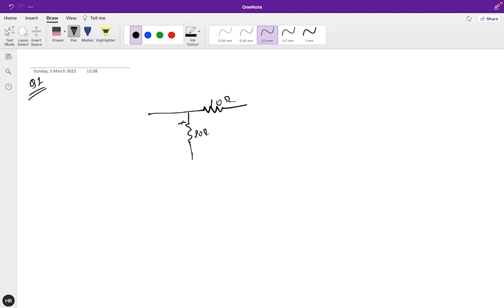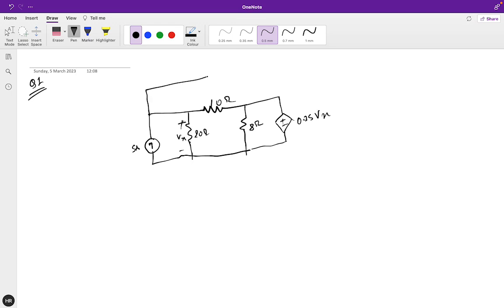Plus minus v of x is given, and 5 ampere current, and this is 8 ohm, and here it is given as 0.25 v of x, and from here to here it is given as 0.5 v of x.